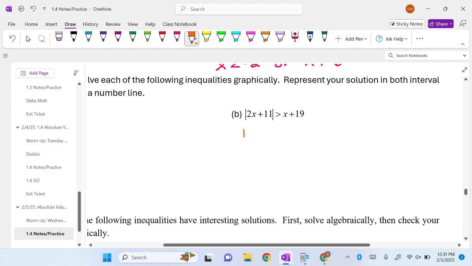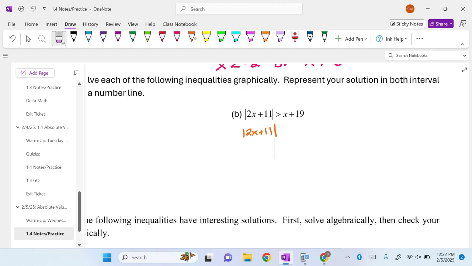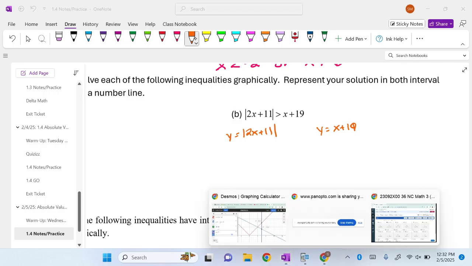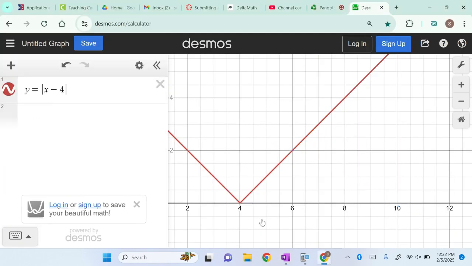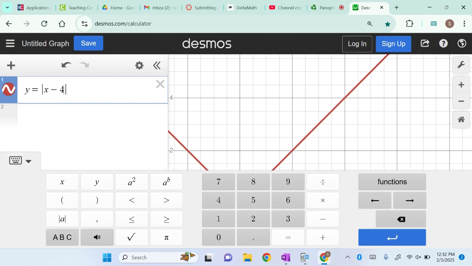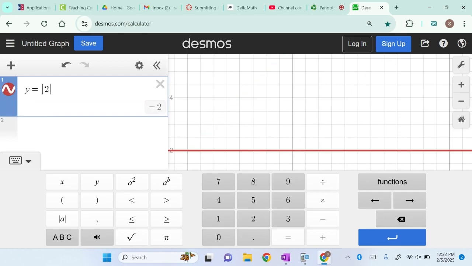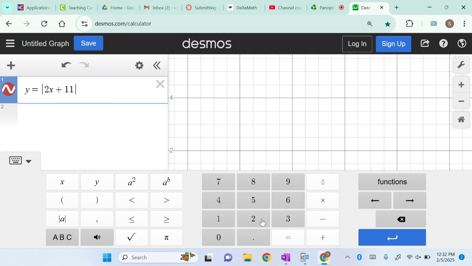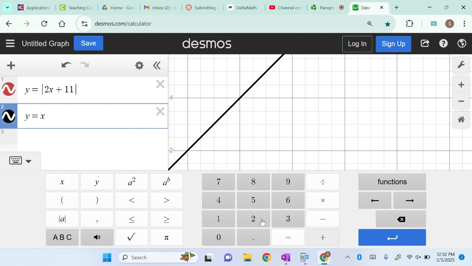I'm going to graph the absolute value of 2x plus 11 equal to y, and I'm going to graph y is equal to x plus 19. Again, I'm going to graph these in Desmos. So we have the absolute value of 2x plus 11 and y equals x plus, what is it? x plus 19.